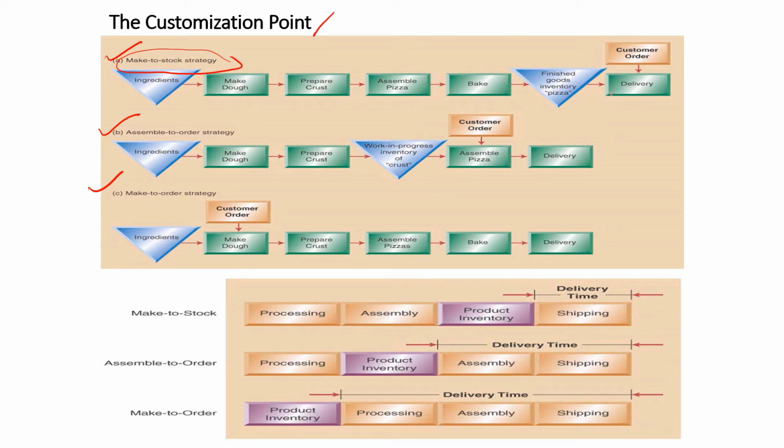Take the example of bakeries. They have the finished pizza, and when the customer arrives, we deliver the pizza. That means we have already forecasted the demand, and we have maintained a certain inventory based on the forecasted demand of how many pizzas we have to deliver, or how many customers come for buying pizza on a particular day. So according to this strategy, the customer involvement is at a very ending point.